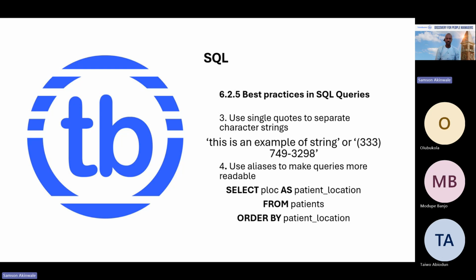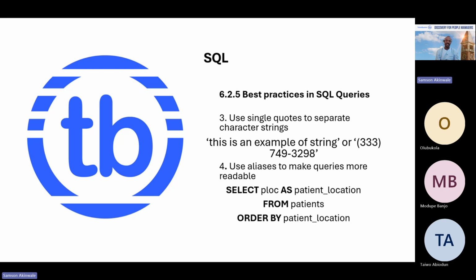So when you are to use text, more often than not, the names of columns or names for tables or even names for databases are written using strings. And when you need to query or extract such names, there is a standard rule you must follow.